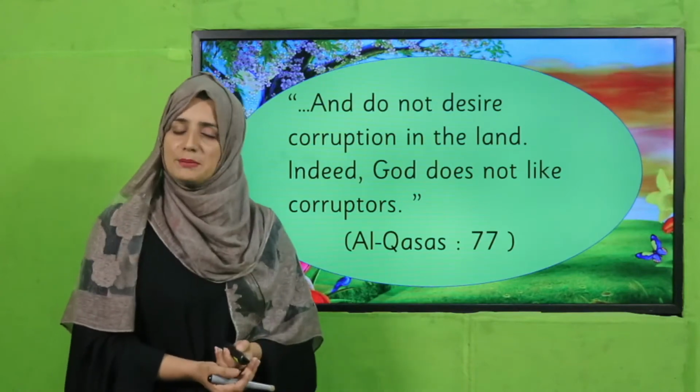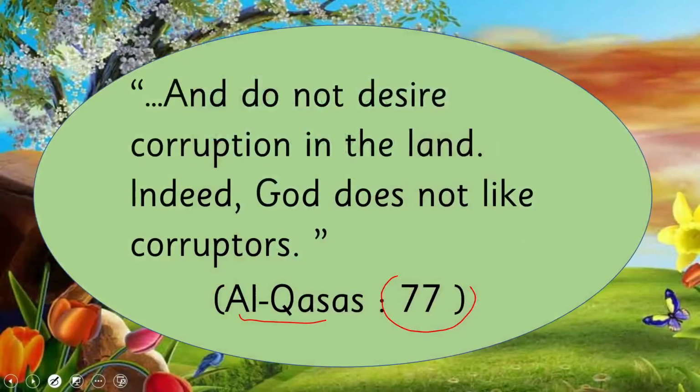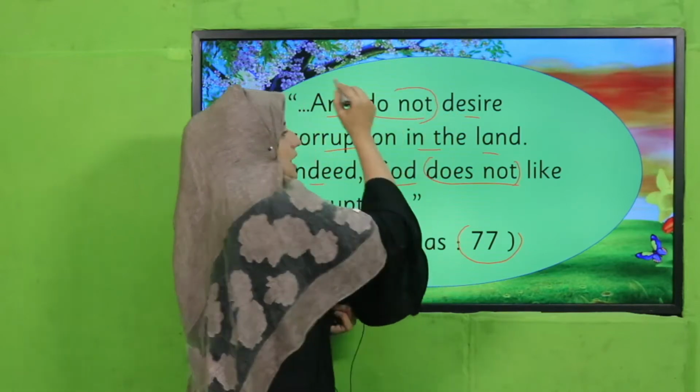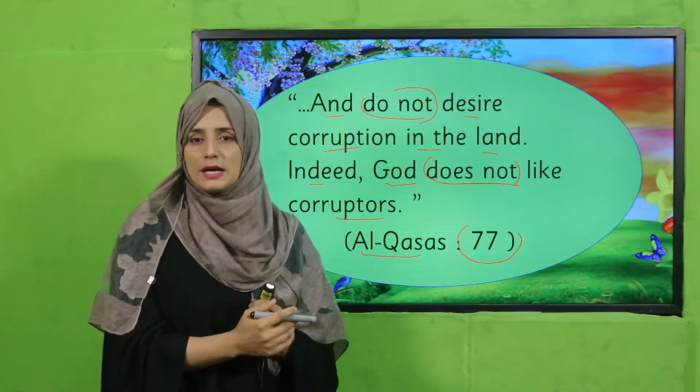Allah subhanahu wa ta'ala mentions in Al-Quran, Surah Al-Qasas, verse number 77: "And do not desire corruption in the land. Indeed, God does not like corruptors." My dear fellow teachers and my dear students, this beautiful verse is negating, telling us "do not", that we must not do that thing at any cost.